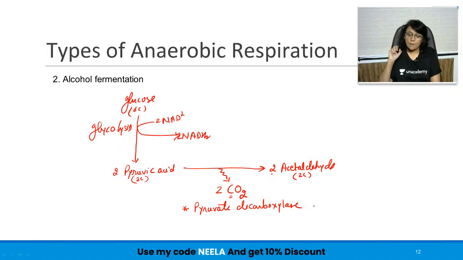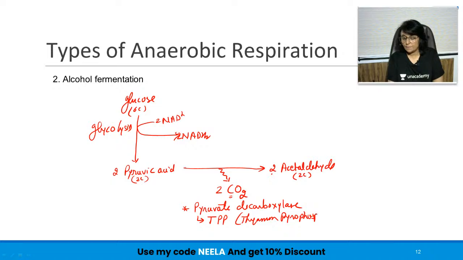Decarboxylation is taking place, and for this reaction to take place, this enzyme requires a coenzyme. It is called thiamine pyrophosphate. And zinc ions are required.